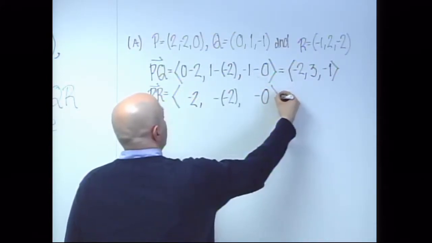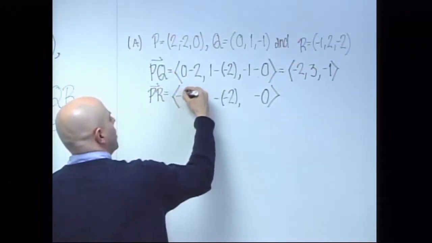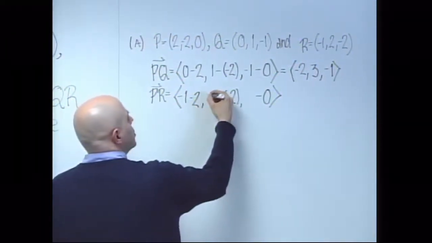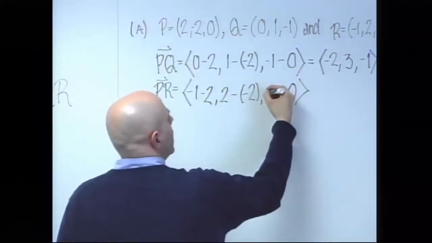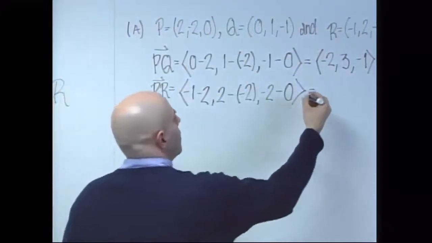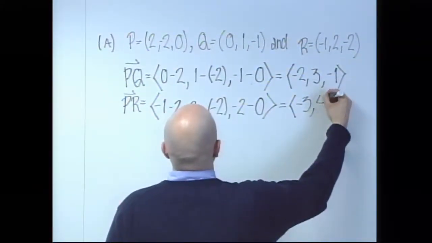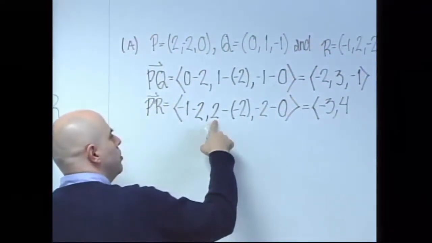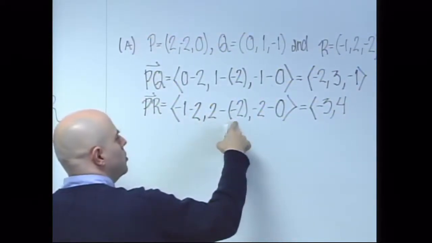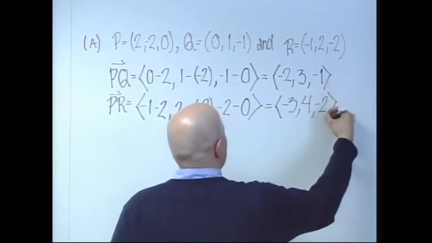And I am going to replace the coordinates of Q for the coordinates of R. So you have -1, 2, and -2. So finally, we get from here that this is -3, 4, because you have 2 minus -2, so it's 2 plus 2, that is 4. And the last one is -2.